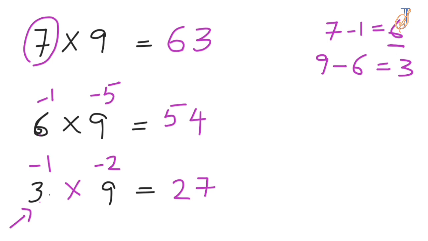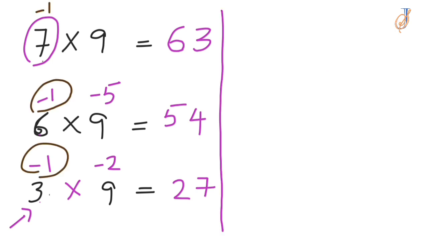If you have a double digit, how can you do that? Suppose you have the number 21 multiplied by 9. If you have a double digit, you first add 1 to the tens digit, then subtract 1 from the units digit. For the 2, if you add 1, you will get 3.